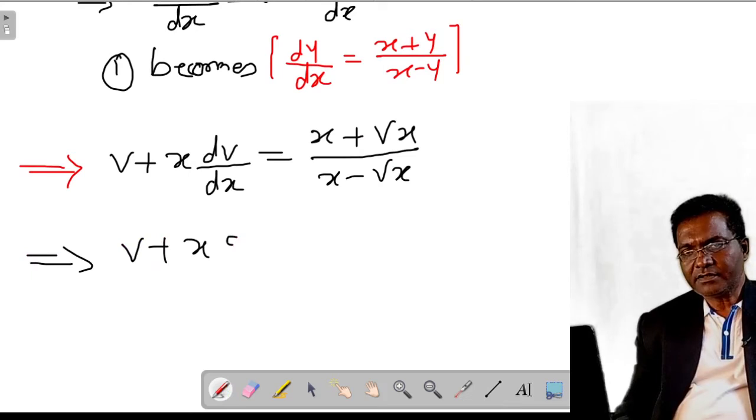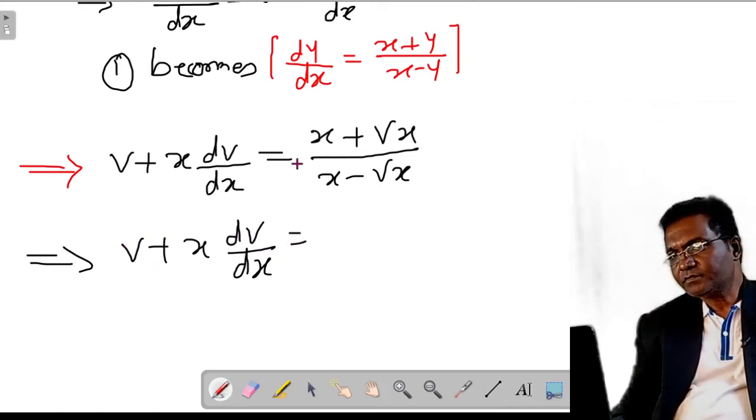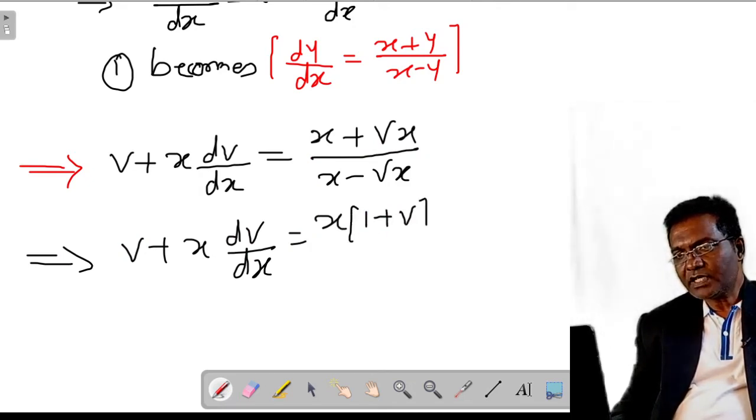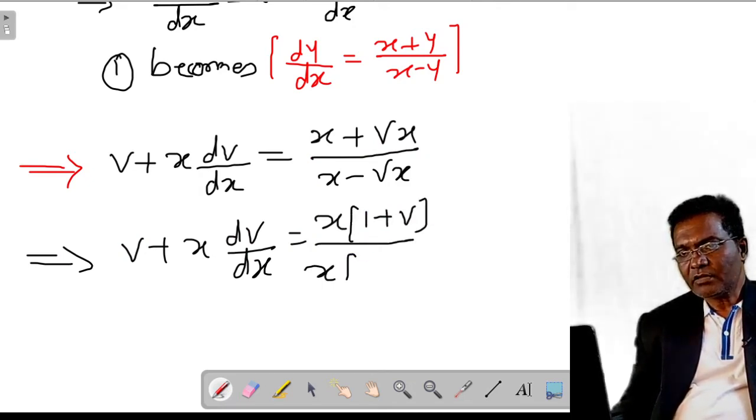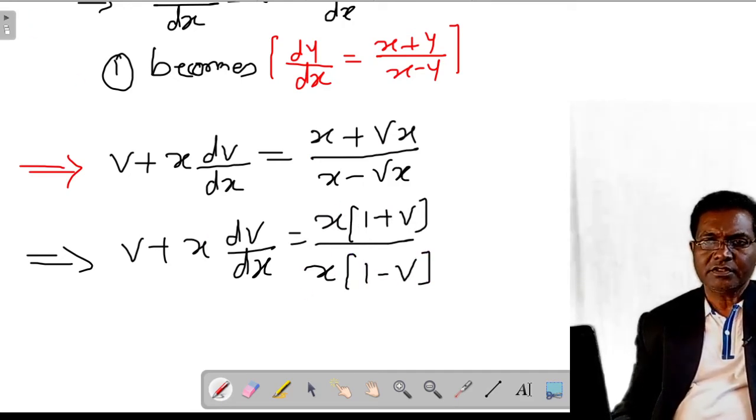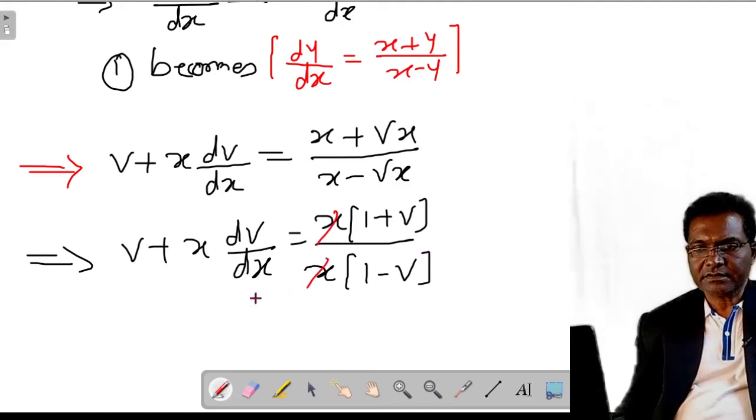After this, take x common, so 1 plus v you will get. In the denominator x common, 1 minus v. So x cancels.